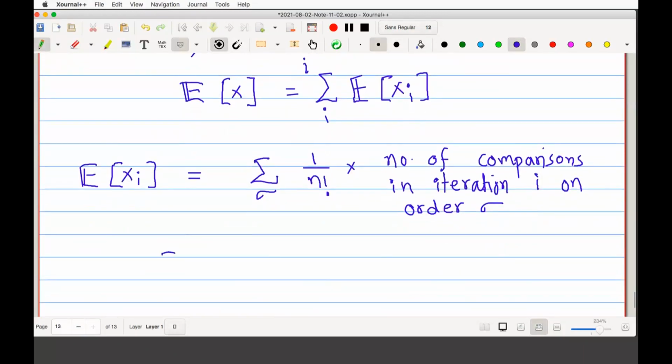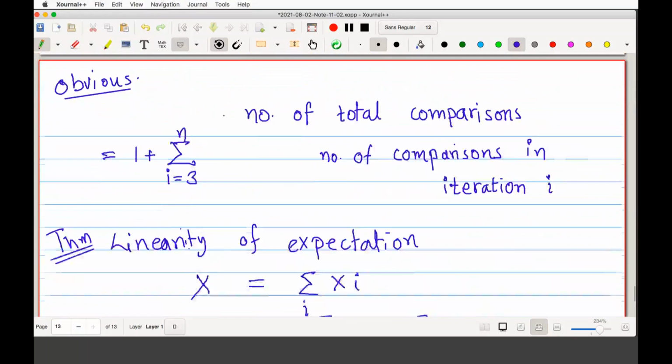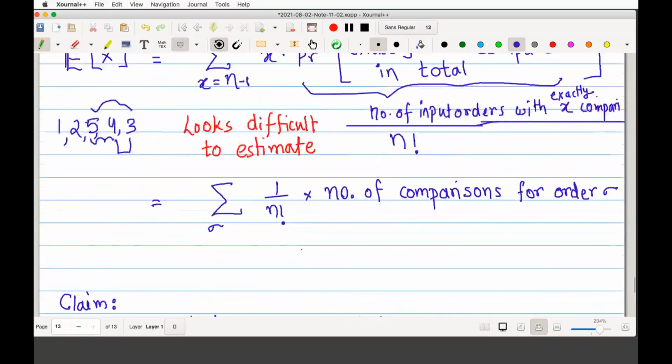And there is another way to write it, in terms of the possible values xi takes. So what are the possible values for xi? 0, 1, and 2. Is 0 really possible? No, sorry, 1 and 2.